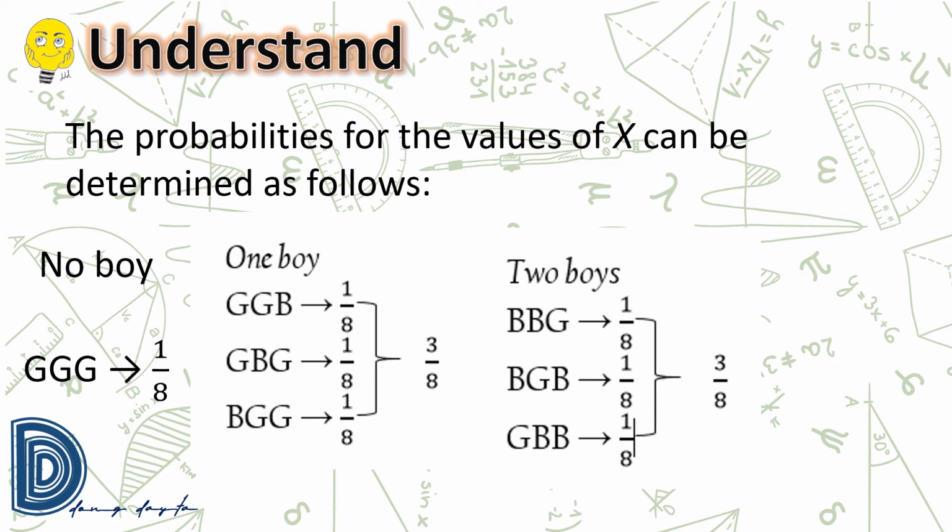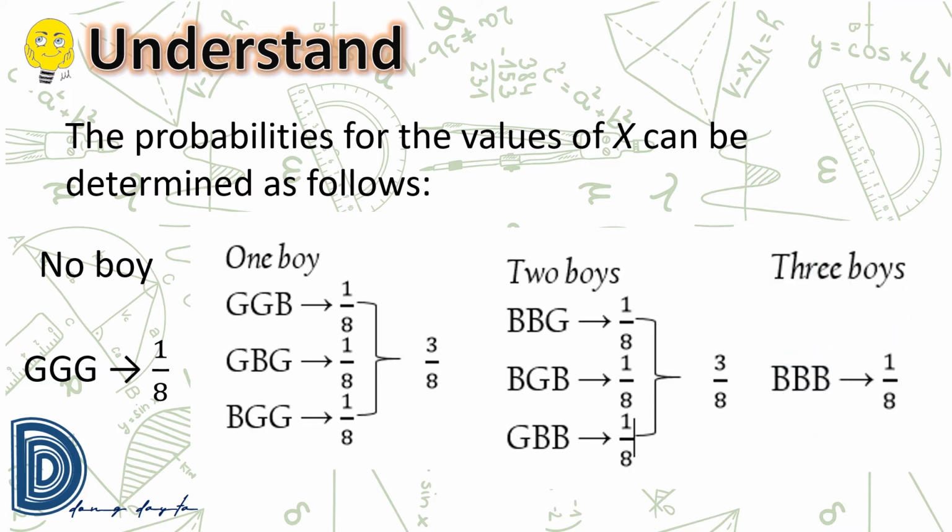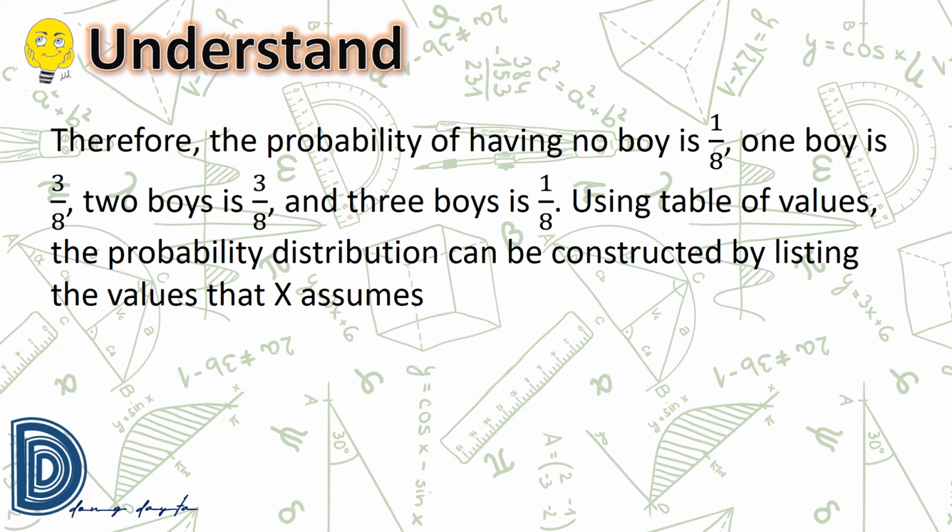When there are 2 boys, we have the elements BBG, BGB, GBB, also 3 out of 8 elements in the set. When there are 3 boys, that is also 1 out of 8. Therefore, the probability of having no boy is 1/8. 1 boy is 3/8. 2 boys is 3/8. And 3 boys is 1/8.